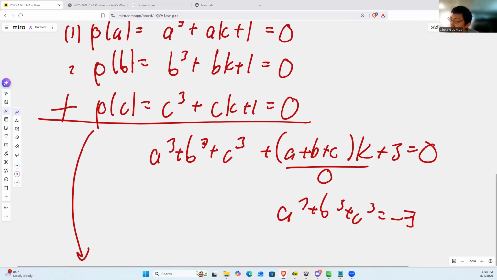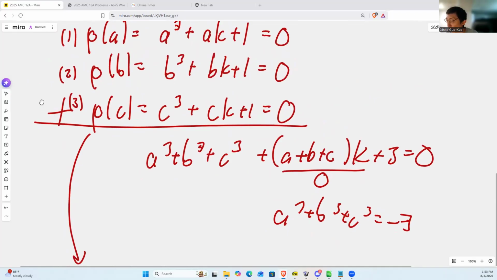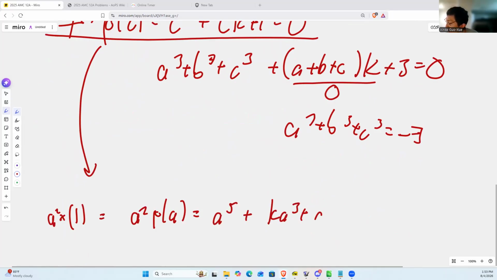So let's multiply equation 1 by a squared. So this is a squared p of a, which is a to the 5th plus ka cubed plus a squared, is 0.